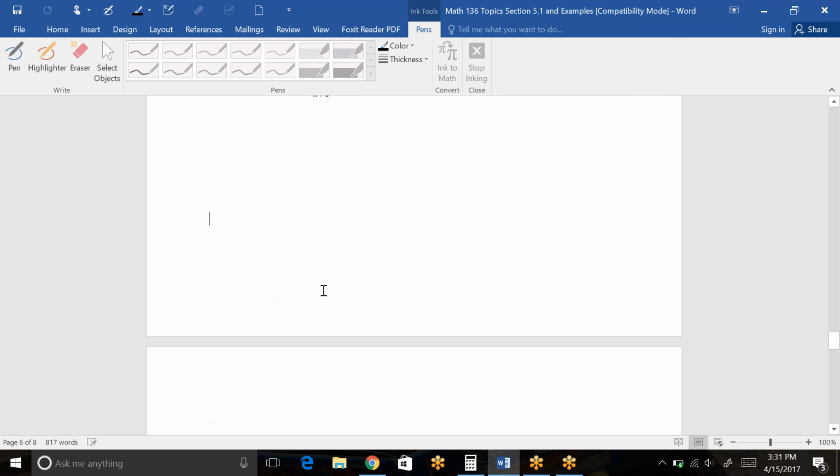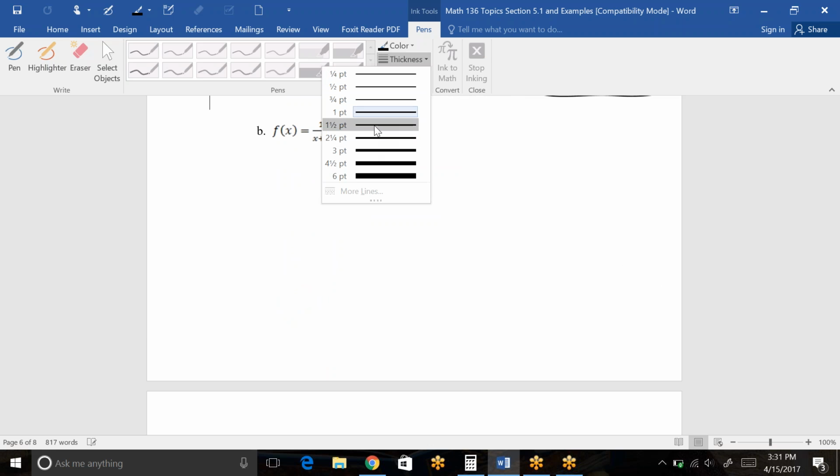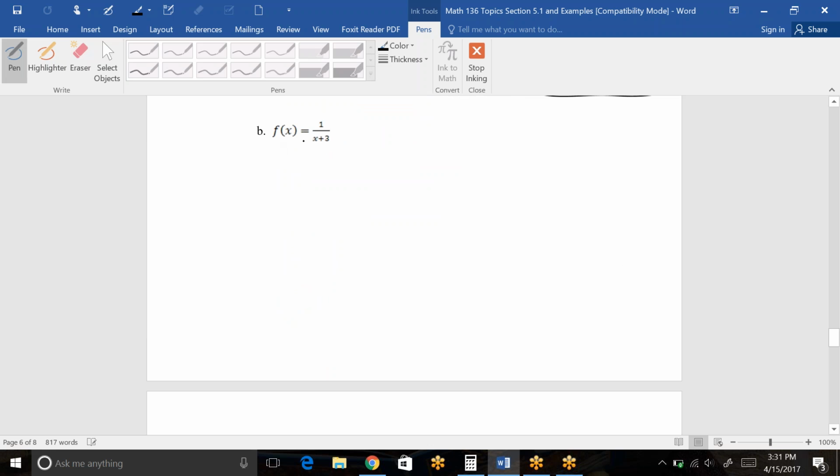If we look at B together, and this will be the last one we do on the pre-video because I want to do a couple of these in class together too. For this one, we write y equals 1 over x plus 3. And then remember, to find the inverse, we swap our x's and our y's. We want to resolve for y, which means we're going to have to cross multiply.